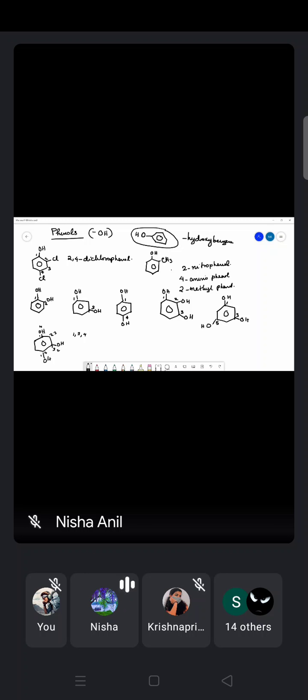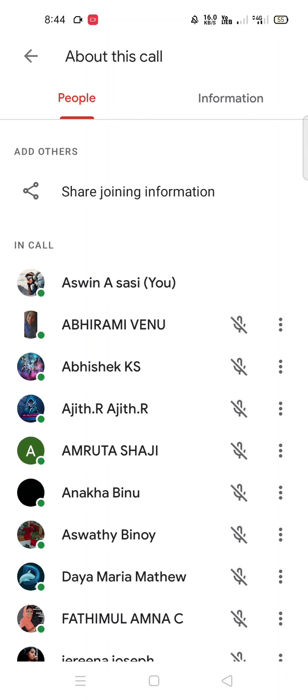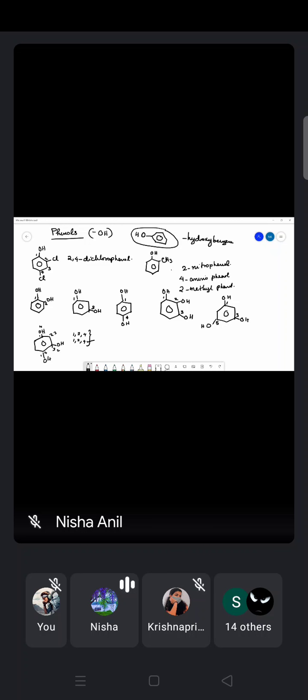If it is anticlockwise, the numbers are 1, 2, 4. So we have to choose the lowest sum rule. Here the lowest sum is the second one, the anticlockwise one. Here it is 8, here it is 7. So we have to number it as 1, 2, 4, and the name is 1,2,4-trihydroxybenzene.